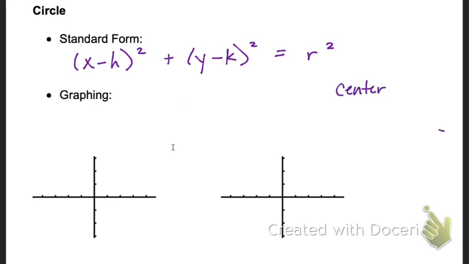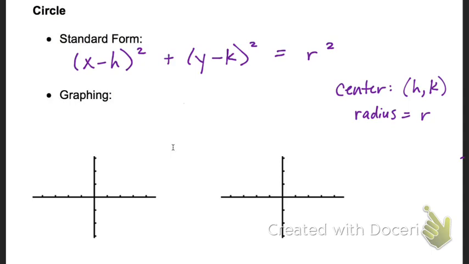So the way that we will graph a circle, the form is (x minus h) squared plus (y minus k) squared equals r squared, where the center is going to be at (h, k). That's how many it shifts left and right and up and down. And then my radius is equal to r. So we're going to square root whatever's on the right-hand side.